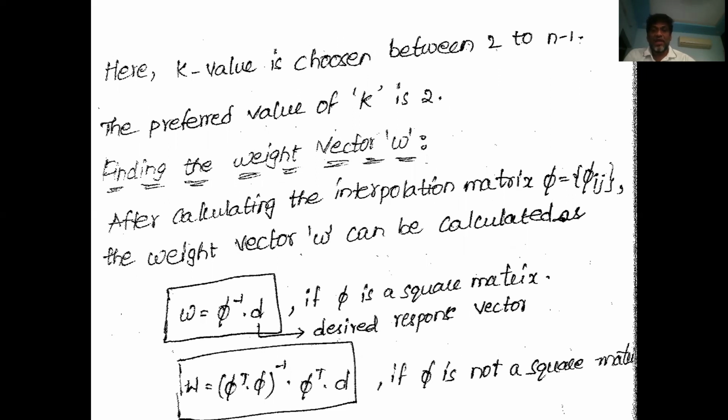Now, the last parameter that affects the performance of RBF neural network is how do you calculate the weights? This we saw in our previous interpolation problem also. So we mentioned how this weight vector would be calculated.